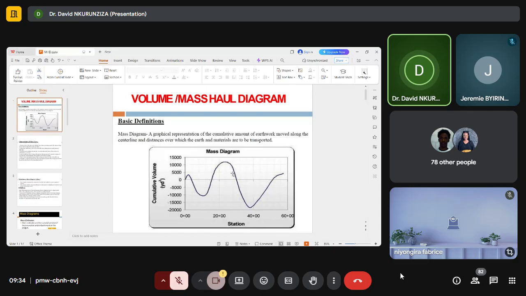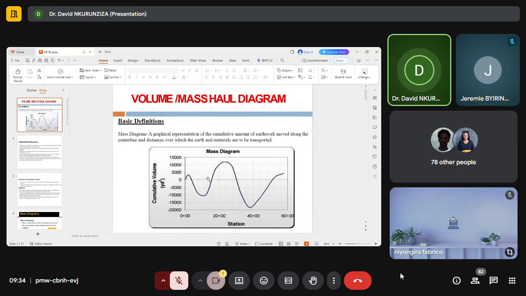It is a balance. The cut and the fill are equal. That is characteristic number 4. So any line drawn on the curve that is parallel to the x-axis will indicate a balance: excavation equals the fill.